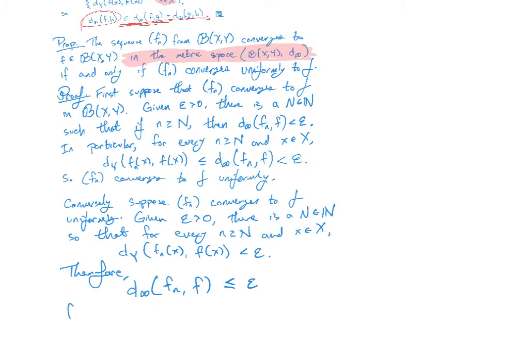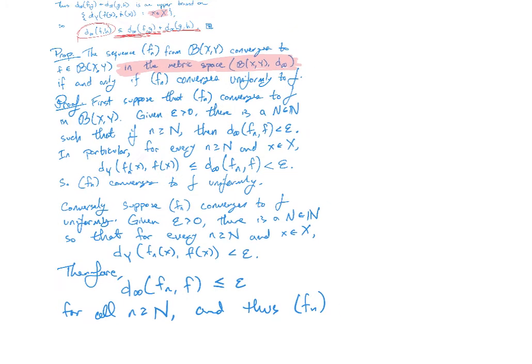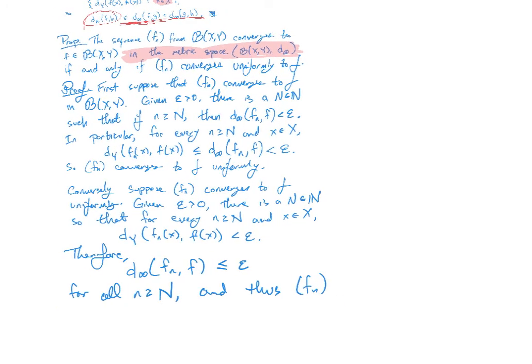Therefore, this is true for all n at least capital N. And thus, Fn converges to f in the new metric space. And that's what we wanted. So we're done. Are there any complaints?